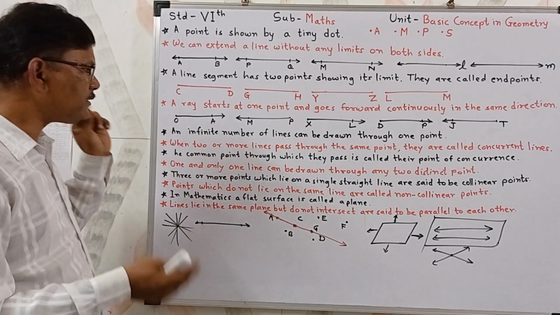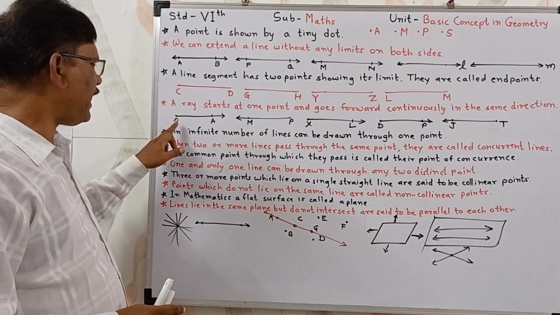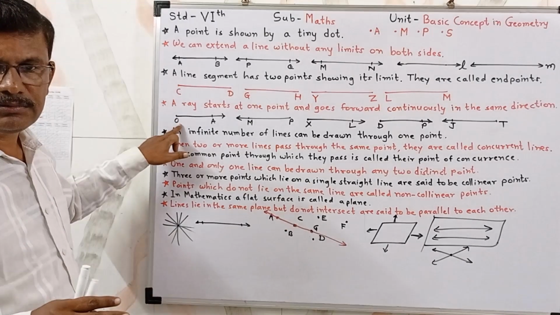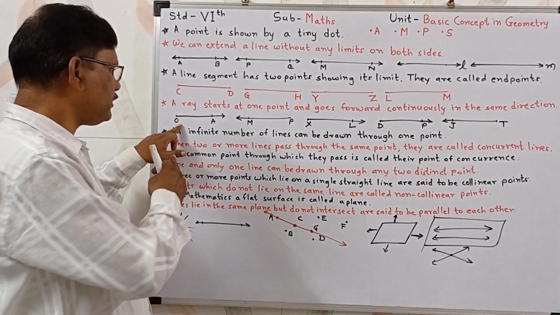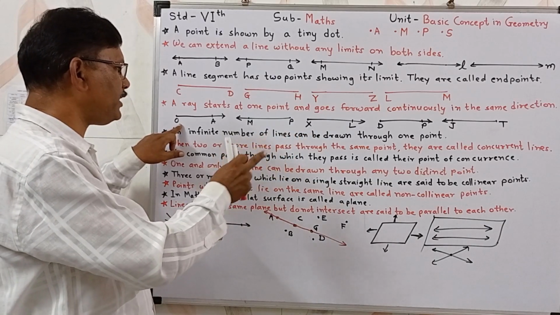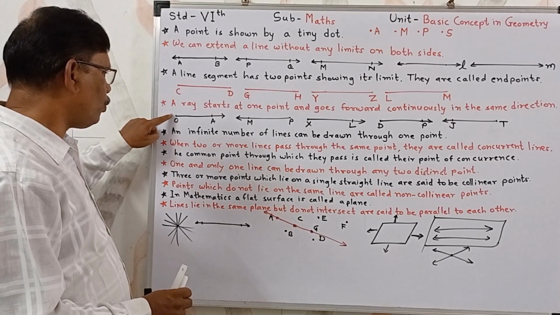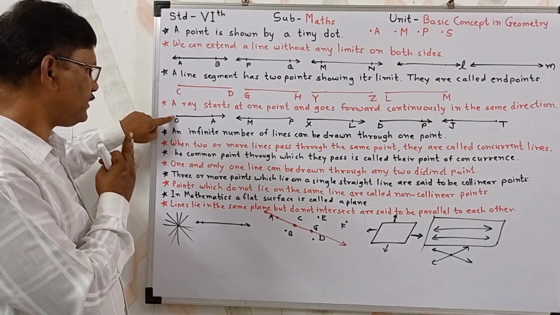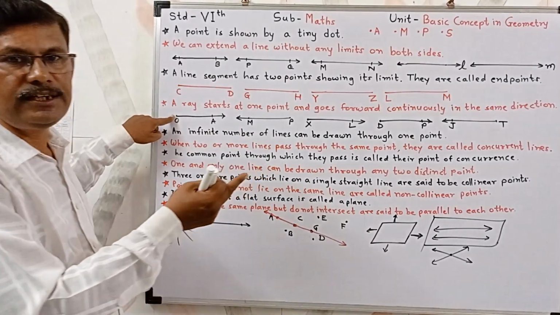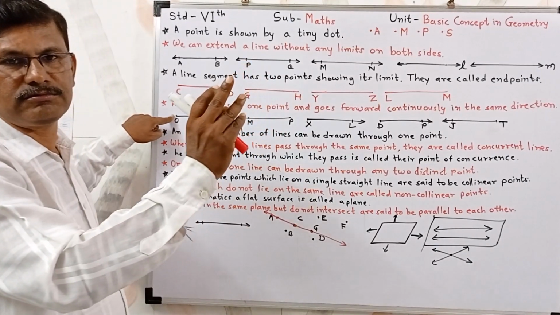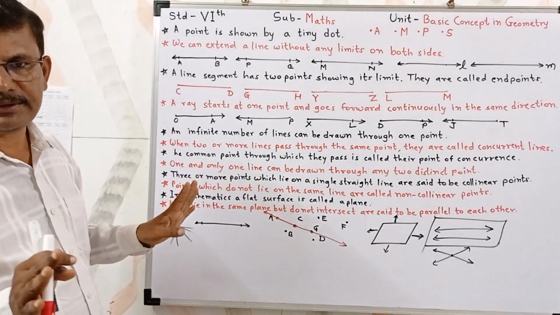Understood? Then the next one is a ray. A ray has an origin from which it starts, and then it goes forward continuously. One side has a limit and the other side extends without limit.